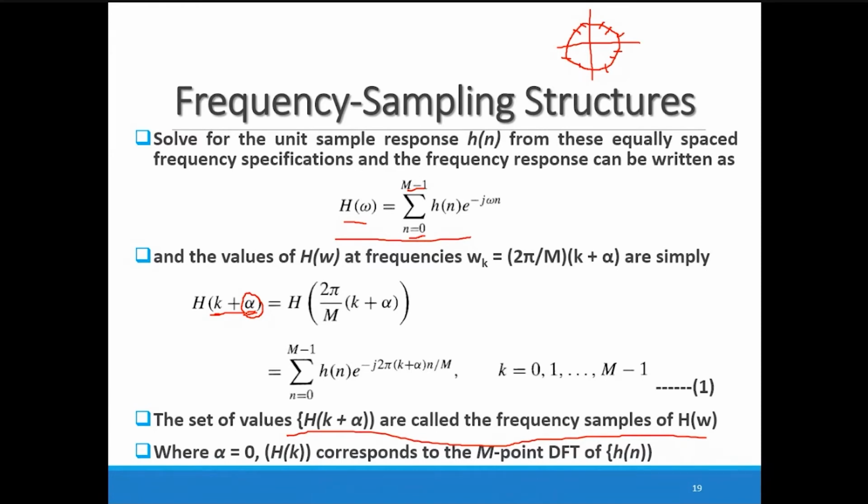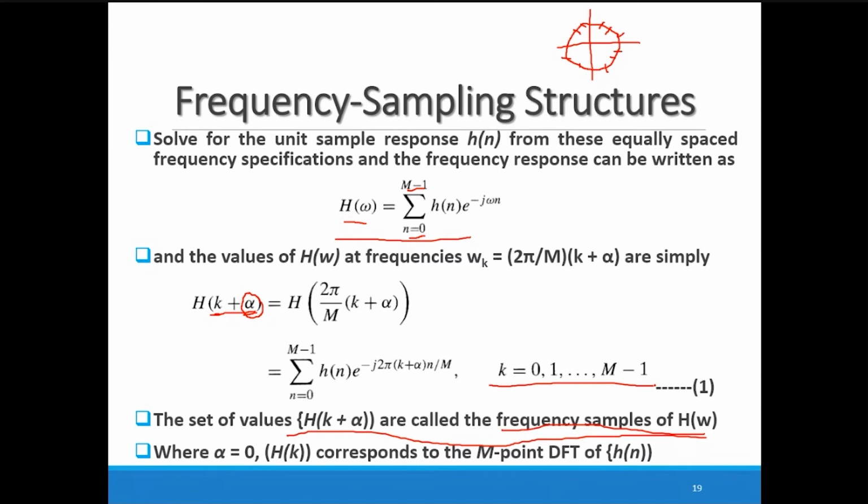When you get the frequency response at samples, that is nothing but the discrete Fourier transform, the DFT. When we get the DFT from this particular equation, that is the frequency samples of H of omega, and you are getting the M point DFT, because the values of k are from 0 to M minus 1. So it will give you the output for M number of points.